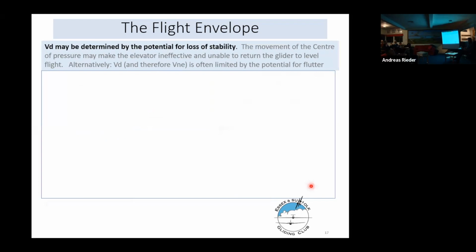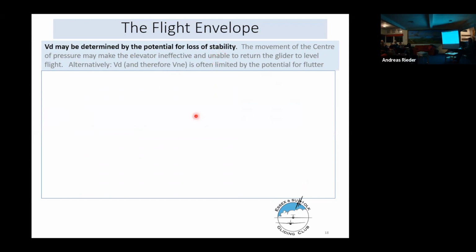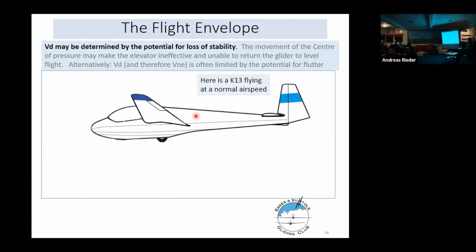So the first thing we're going to look at is the potential for loss of stability. To do that, I need to divert momentarily into the theory of flight and explain why that stability loss occurs. So assume we've got a K-13 flying at a normal airspeed. We'll define a couple of terms.